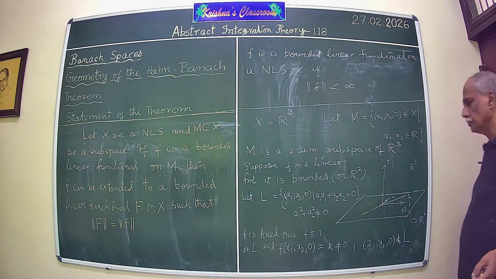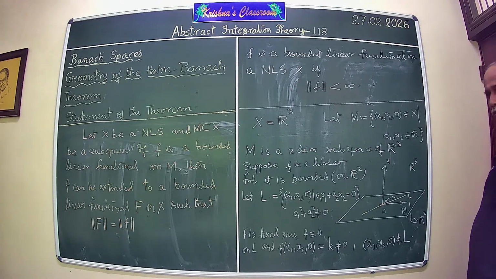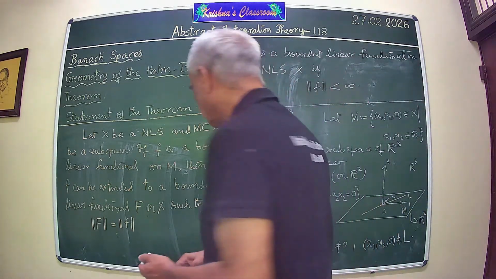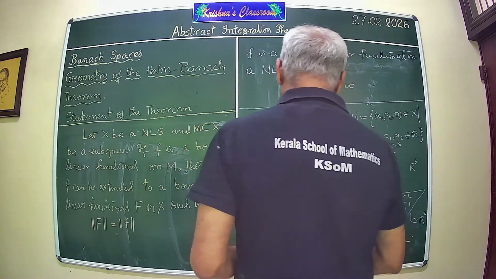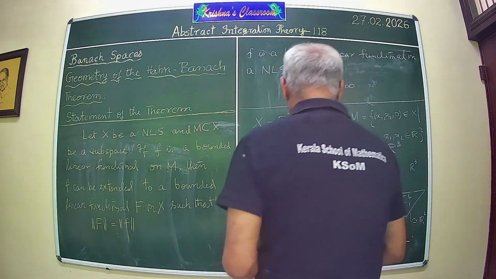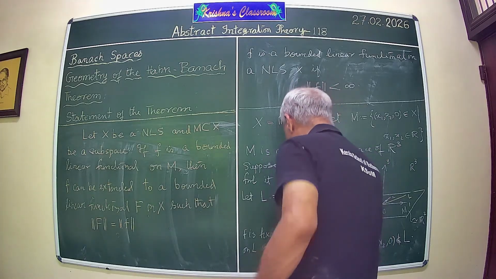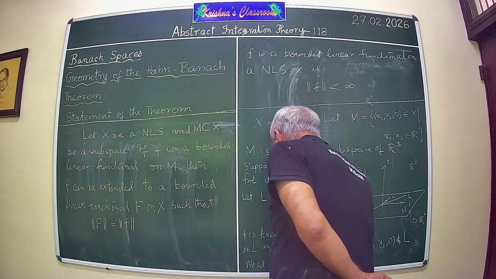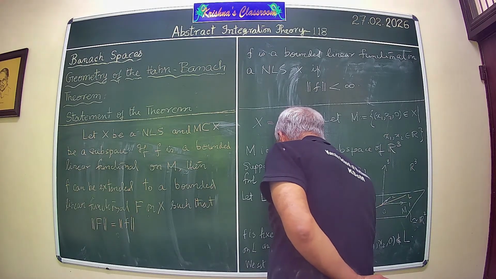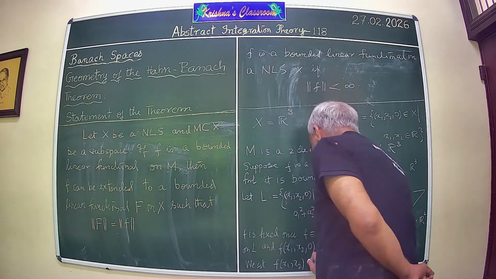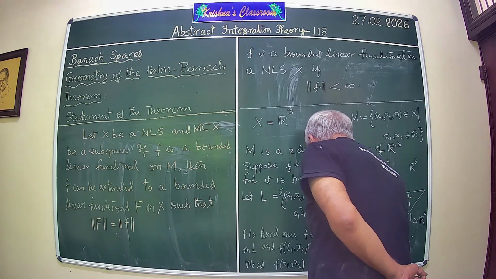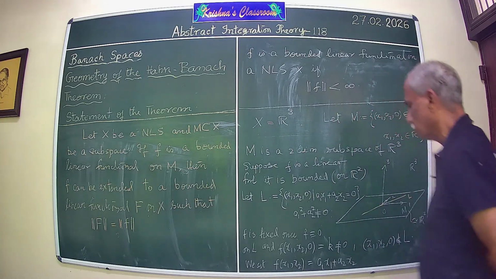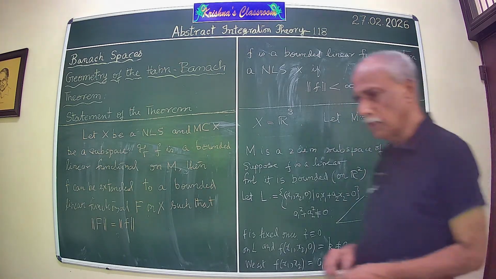Okay. So this is uniquely defined on that. So we can define it this way. We set it, it's a bounded linear functional.